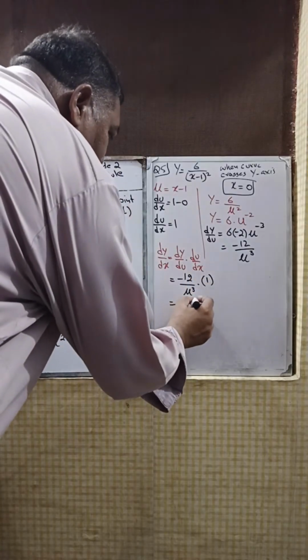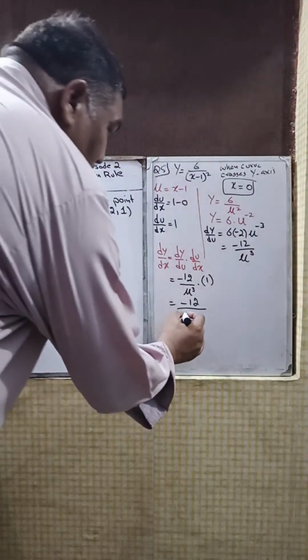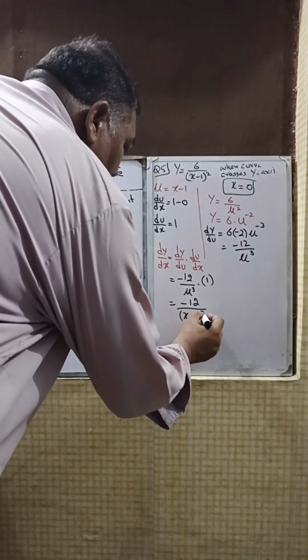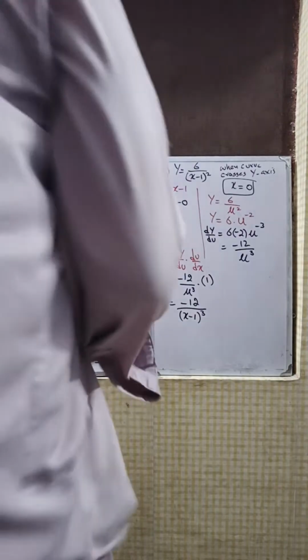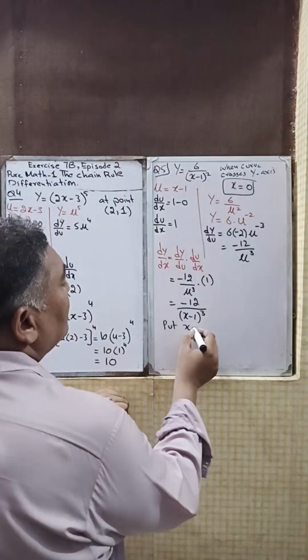So this is minus 12 divided by, put the u value back here, so this is going to be (x minus 1) raised to power 3. Now you want to find out the gradient when the curve crosses the y-axis. We know when any graph cuts the y-axis, x is equal to 0. So put the value of x equal to 0 here.